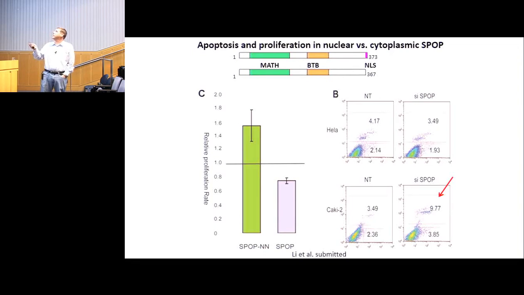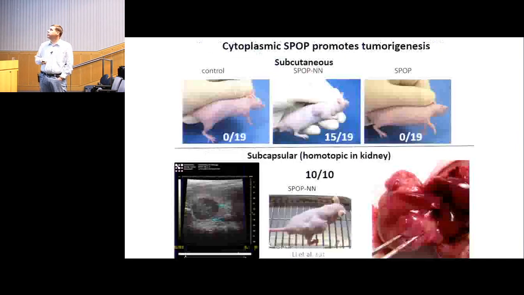When we knock down SPOP in HeLa cells, we don't see additional cell death, but when we knock it down in the clear cell renal cell carcinoma cell line, we see increased cell death. So at least in cell lines, it looks like it's both sufficient and necessary for proliferative phenotypes.